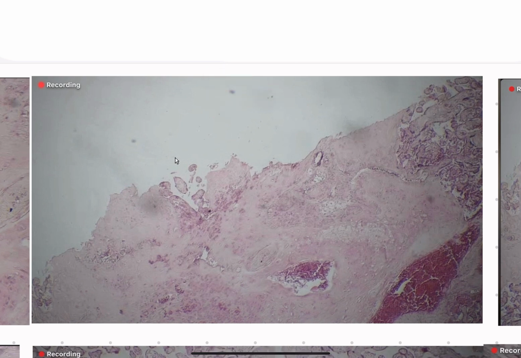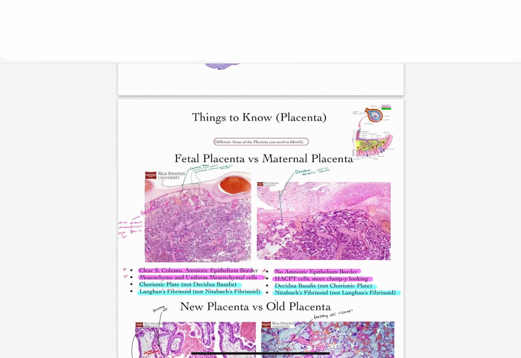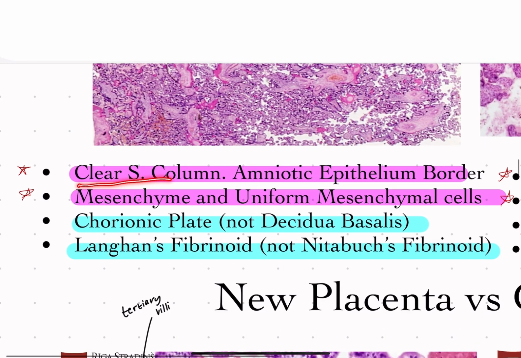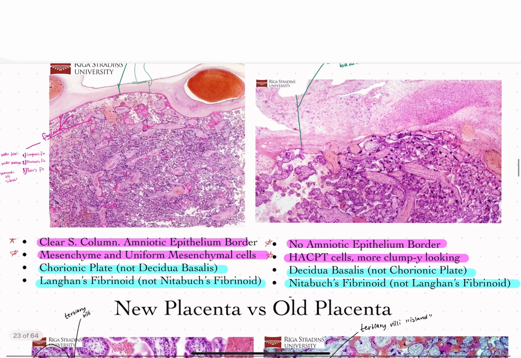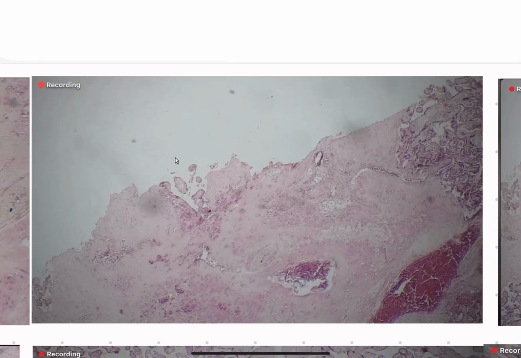The fetal part, like I said, has two things: a clear simple columnar amniotic epithelium border, and it's made up of these mesenchymal cells that make up an even and smooth surface. So looking at this, do we see a clear simple amniotic epithelium border here?